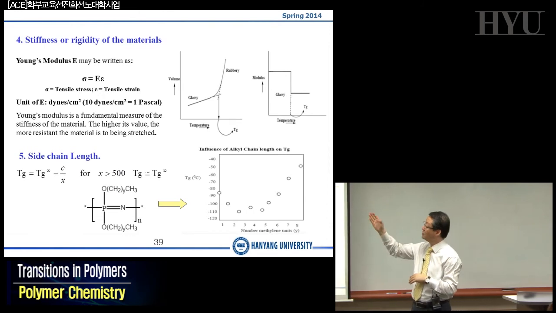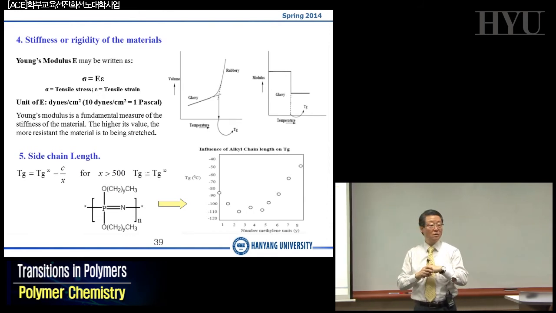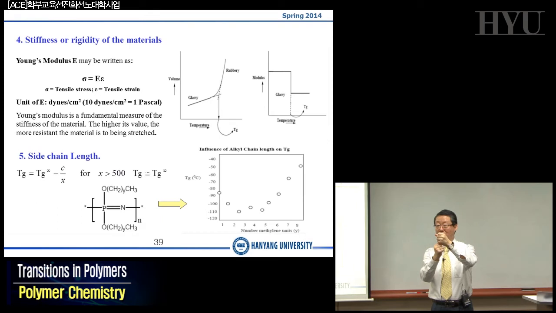Young's modulus applies your stress in the tensile mode. Okay, you apply the stress in one direction, whereas the storage modulus applies the stress in the oscillation mode, right? So you have two different modes of modulus.